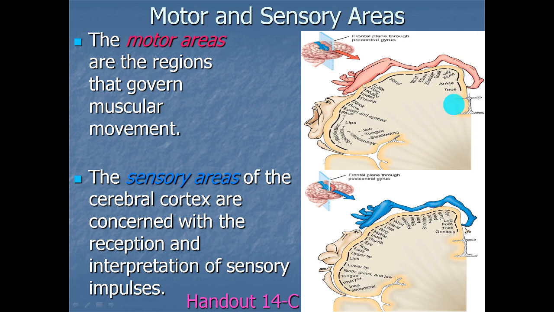Now, what's really crazy about this is that specific parts of the precentral gyrus control your muscles to specific parts of your body. All right? So, for example, if you look at this, this is the side of your brain. This is the top of your brain.